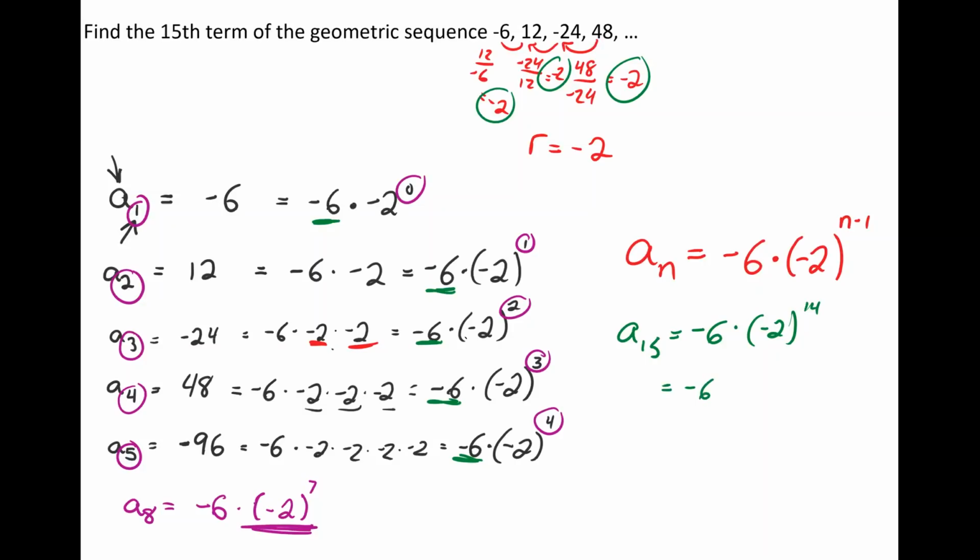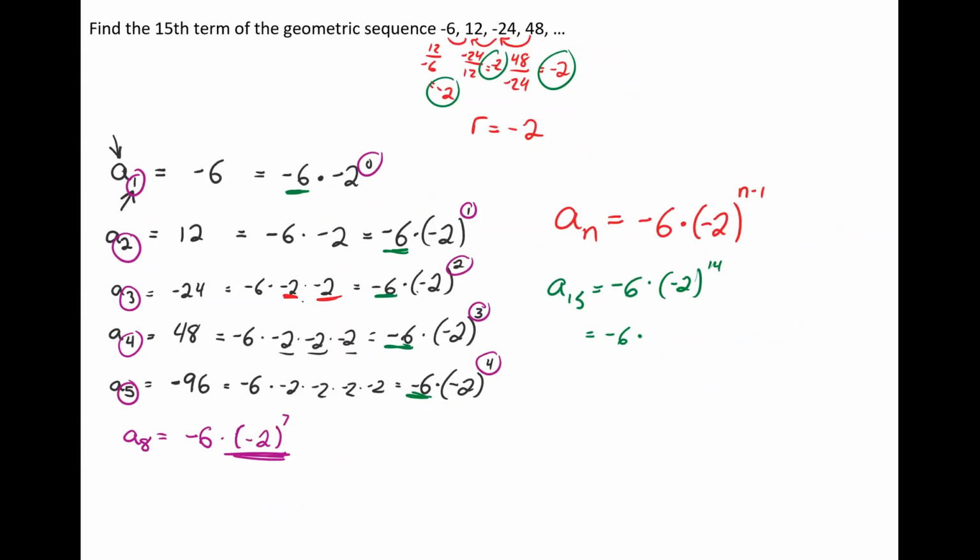So that's negative 6 times, well, since I'm taking negative 2 to an even power, I know it's going to be positive. And in fact, this is going to be a really big number. 2 to the 14th. Oh, well, it's not so bad. It's 16,384 times negative 6, negative 98,304. That would be the 15th term.